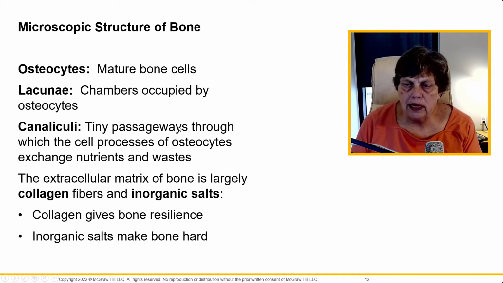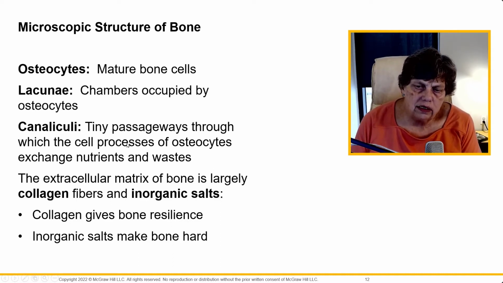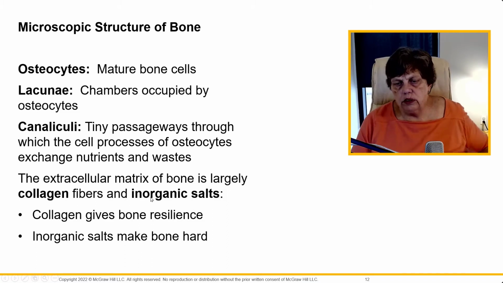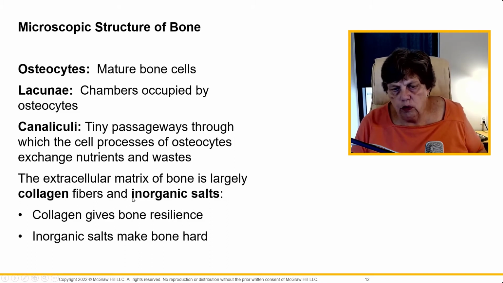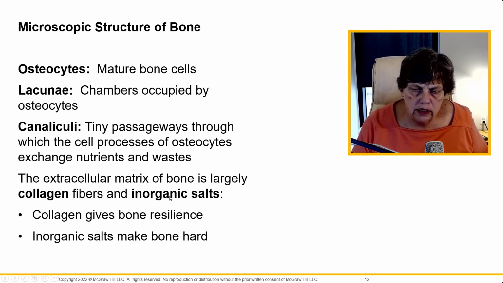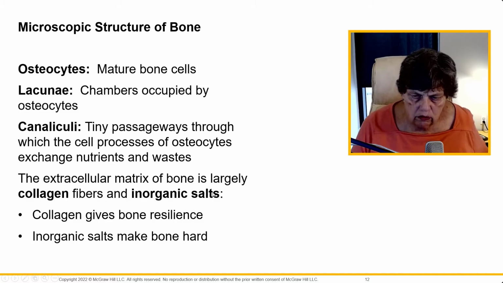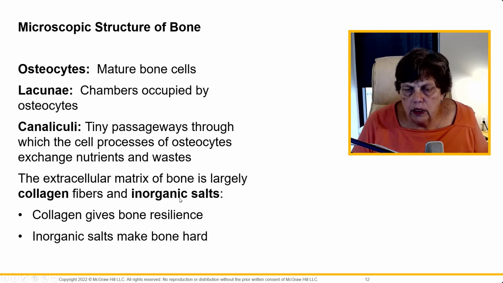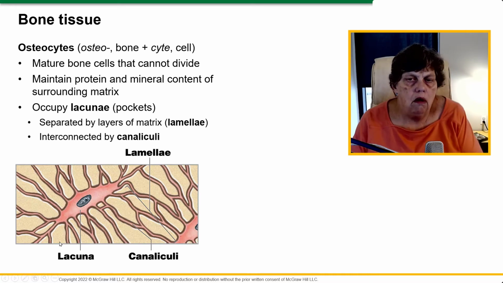And we have these passageways where the cell processes can exchange nutrients and waste. There's canaliculi. And then we also have a matrix. The matrix of the bone is collagen fiber and these inorganic salts, primarily composed of calcium. But the collagen gives the bone resilience, and the salts make the bone hard.